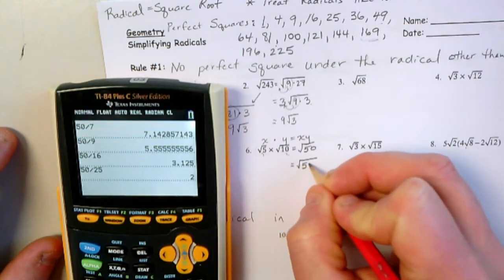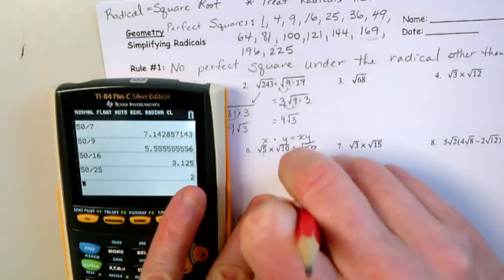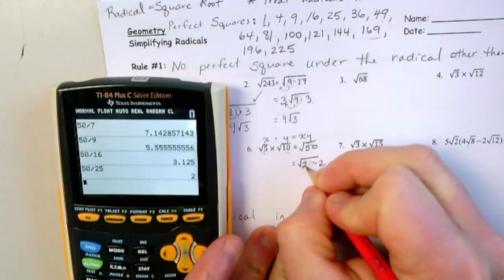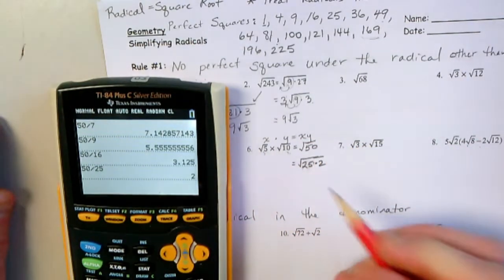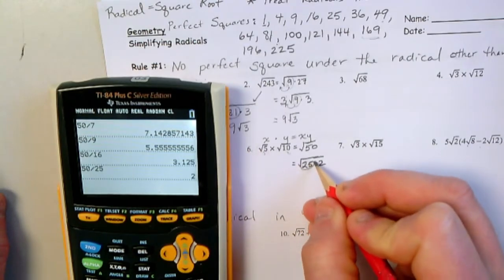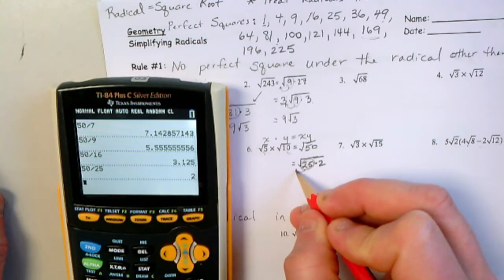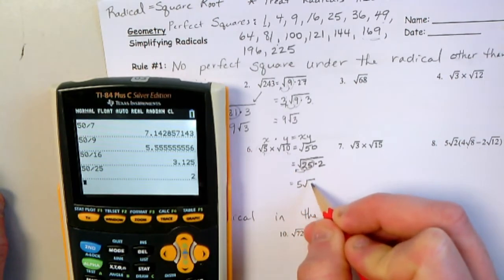25 times 2 is 50. Okay? So if I take this 25, hold on. Don't have much of an eraser here. Not 50 times 2 is 50. 25 times 2 is 50. Okay? Now, this 25, class, what's the square root of 25? That comes out as a 5, right? Square root of 25 is 5.